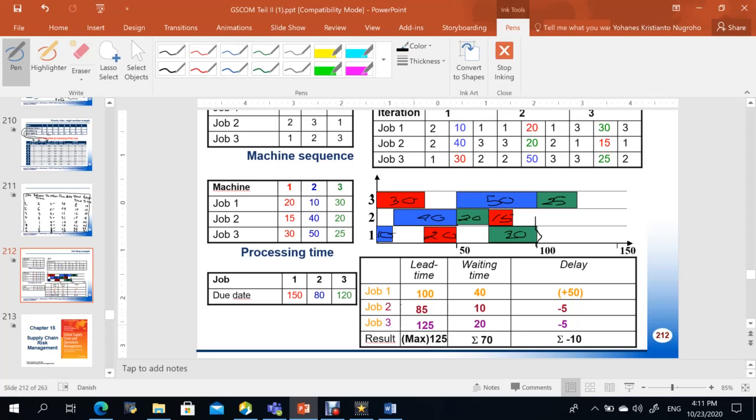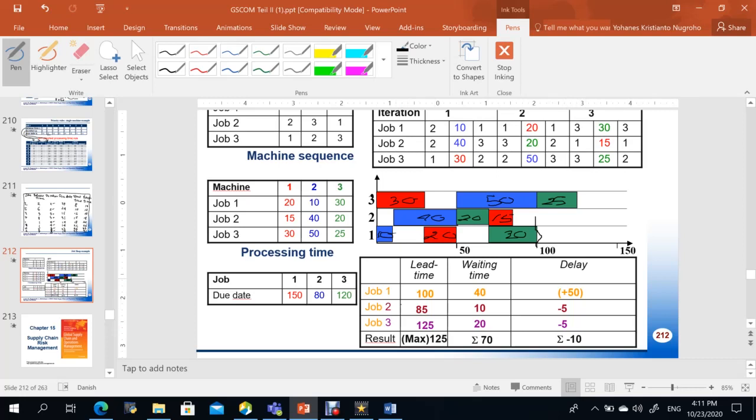And job number 3, 50 plus 50, it is 100 plus 25, and therefore we have 125 here, all right? So in total, if we compare job number 1, 2, and 3, which one is the longest? Obviously, job number 3 at 125. Now we go to calculate the waiting time.